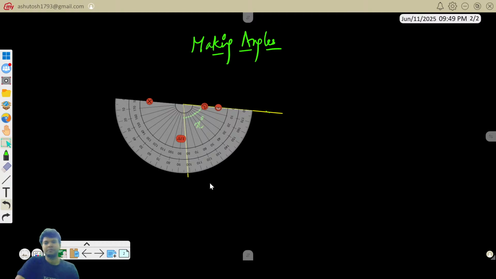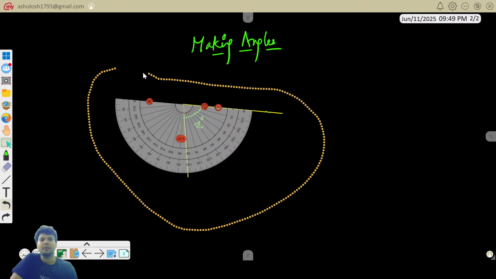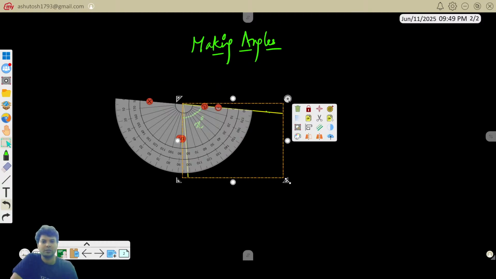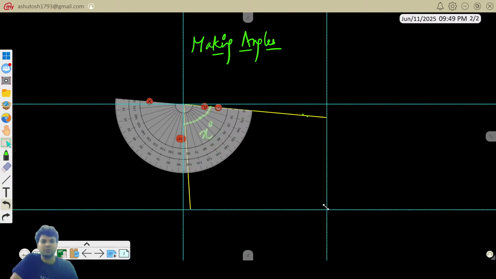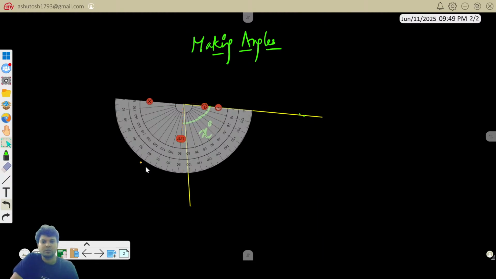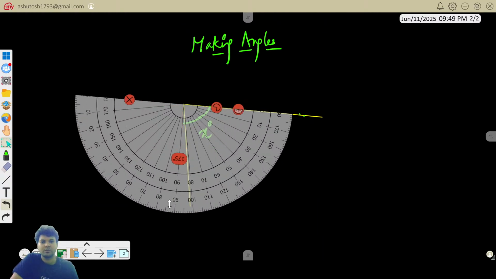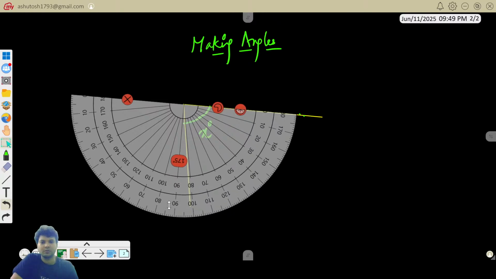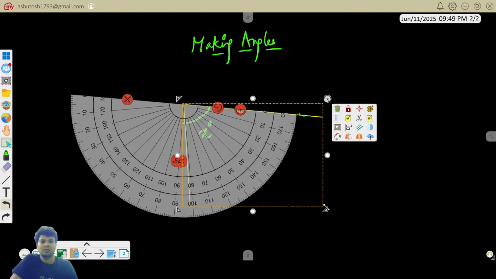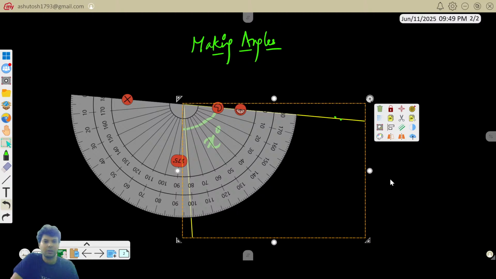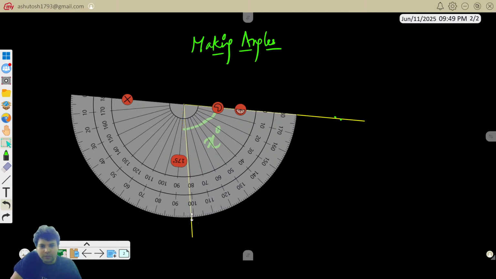Acha, can you please tell me what this particular angle is? Actually, it is very difficult to see. We'll enlarge it a bit so that you are able to see. Now, what is this particular value here? Can you check this value here?